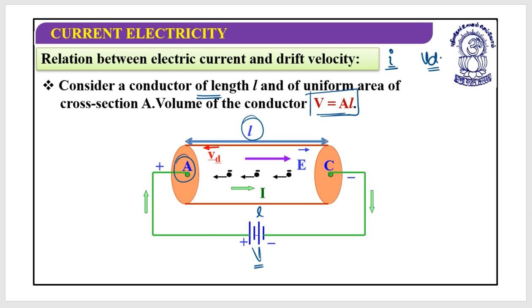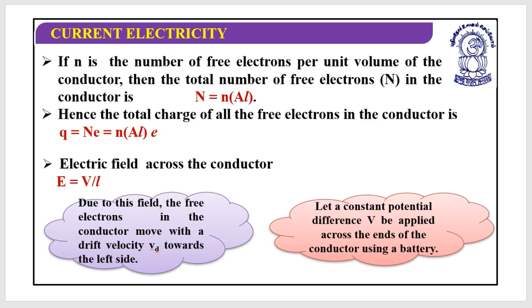So current is moving in this direction. This is the positive terminal and this is the negative terminal. So the direction of electric field is in the positive x direction, and the direction of drift velocity is in the negative x direction. So this is all I know up till now.